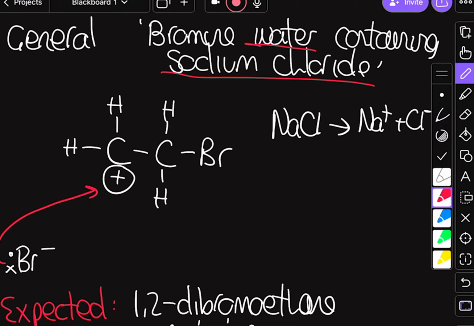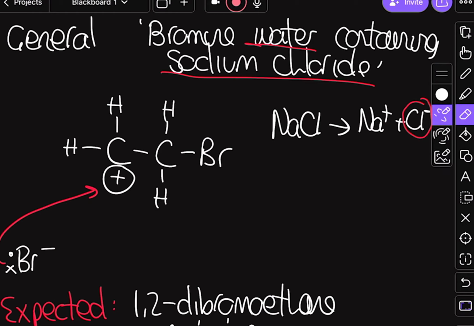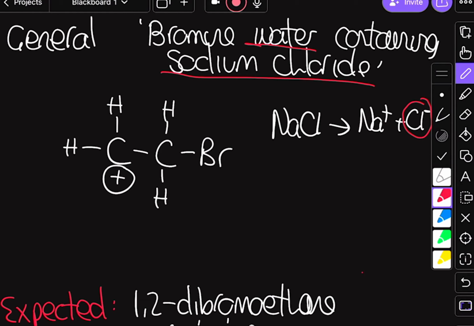So now in my solution I have some Cl minus ions floating around. So what's that going to mean for us? What that is going to mean is that now this Cl minus can now be attracted to the carbocation.